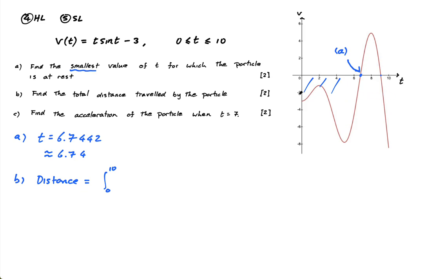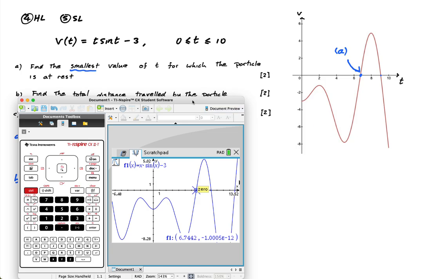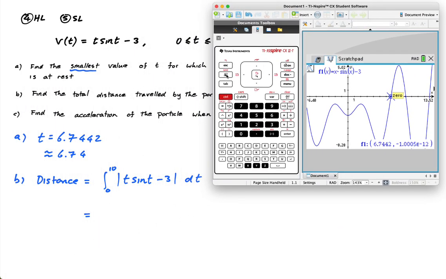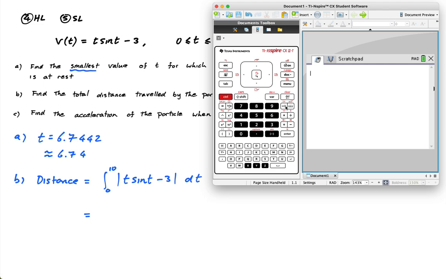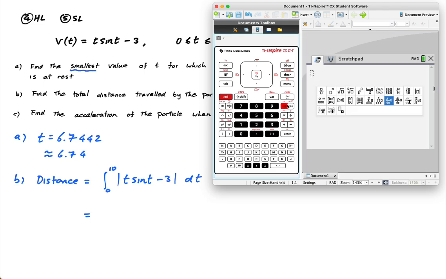But there's a much easier way to do it. You can just put in the absolute value sign. So it's just the absolute value of t sine t minus 3 dt. That's in the formula booklet. It's the integral of mod, or the absolute value of v of t. And this I can just put straight into my calculator. So I'm going to do the integral. You can find the integral, guys, here, and you can also find the mod here. It's there.